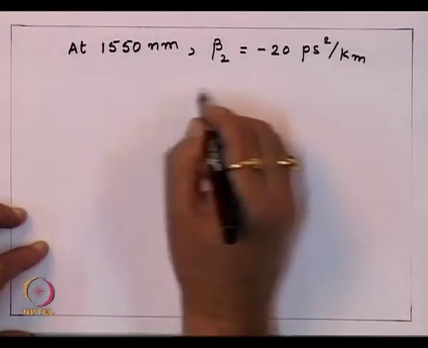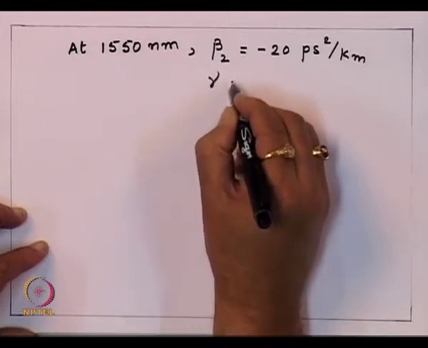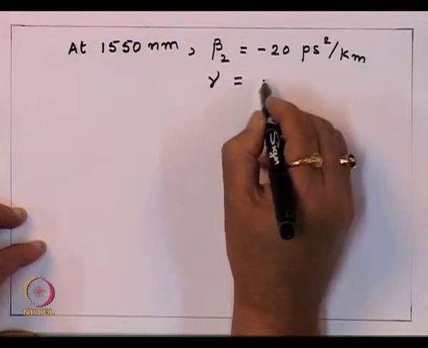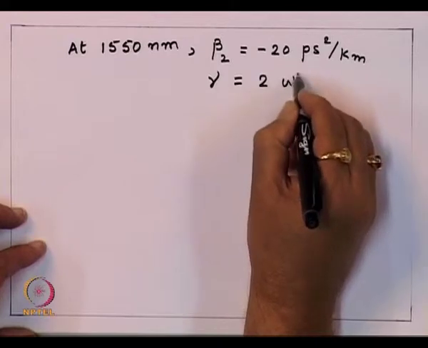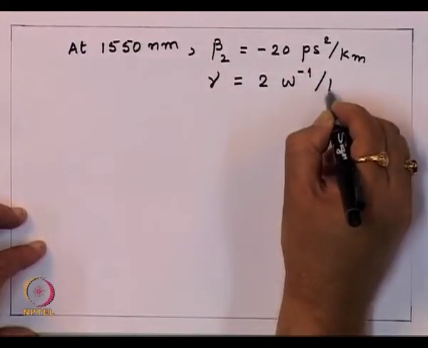The gamma typically seen for optical fiber is of the order of about 2 W^-1 per kilometer.